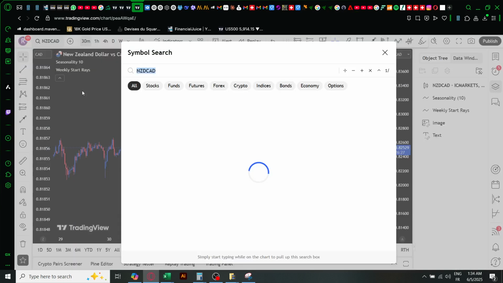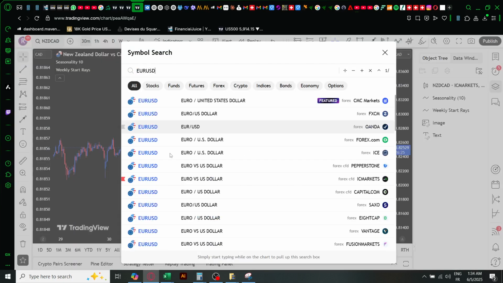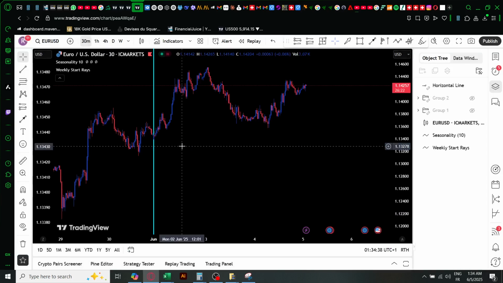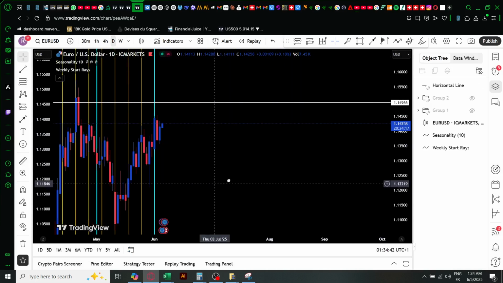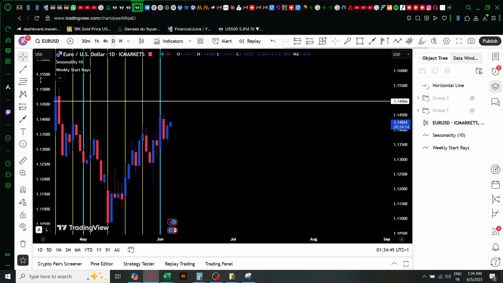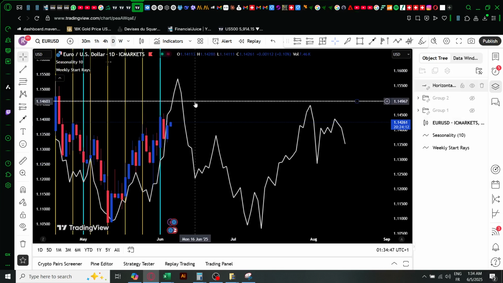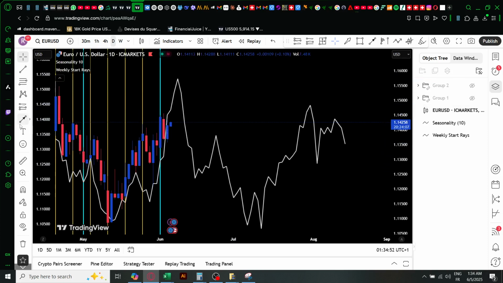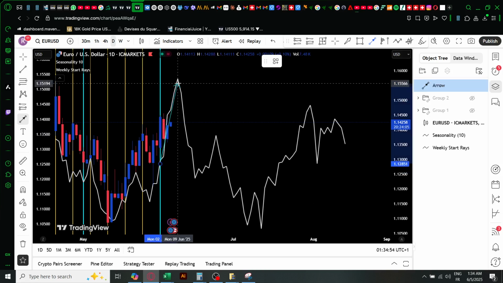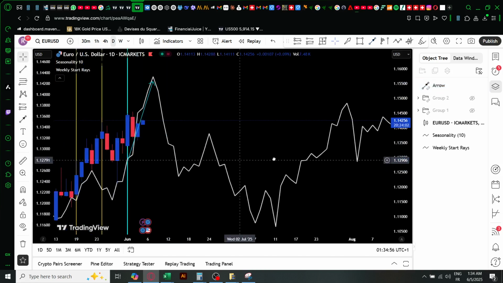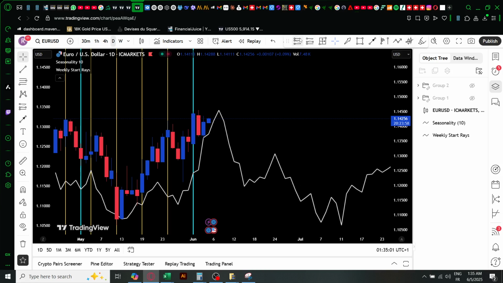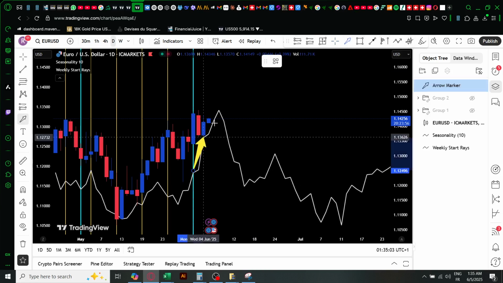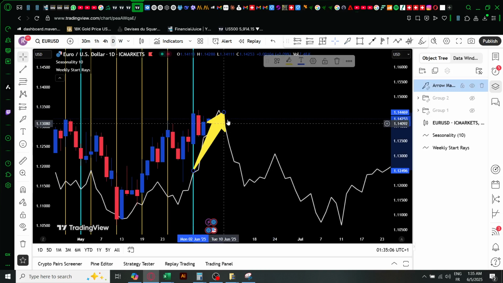So if I come here, I move to daily, and I will wait for the seasonality. It's clearly bullish for this week, as we can see. Let me change the arrow to maybe this one. So it's clearly bullish.